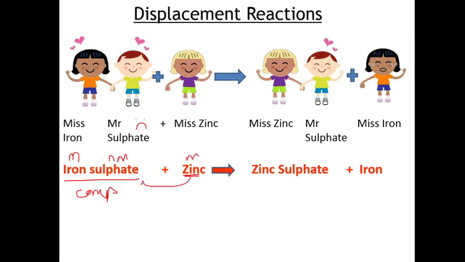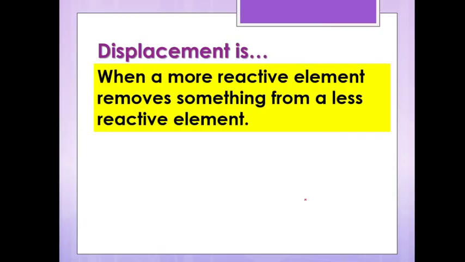So the zinc steals the sulfate to itself to make a new compound, and we're left, therefore, with a metal element. Apologies for the awful handwriting there. It's not easy to do with a mouse. Okay, so that is a displacement reaction. That is the definition for displacement reaction.